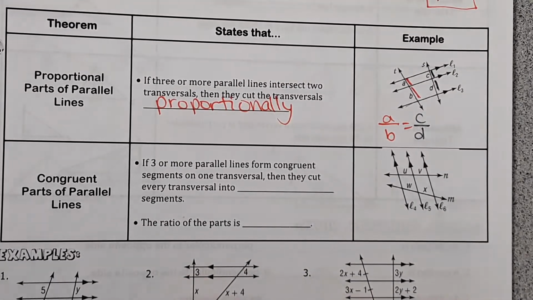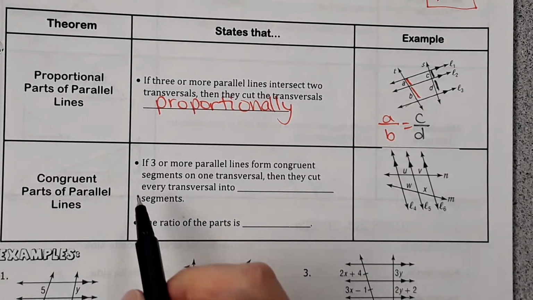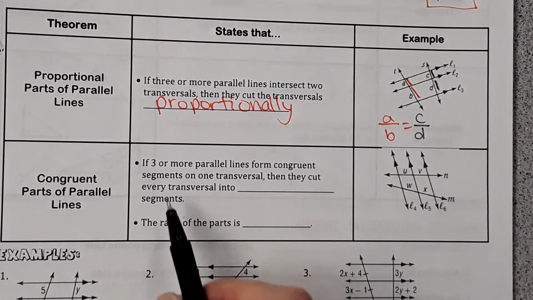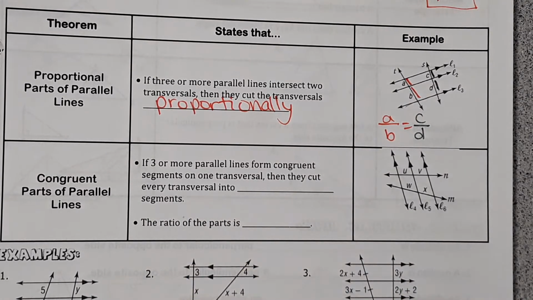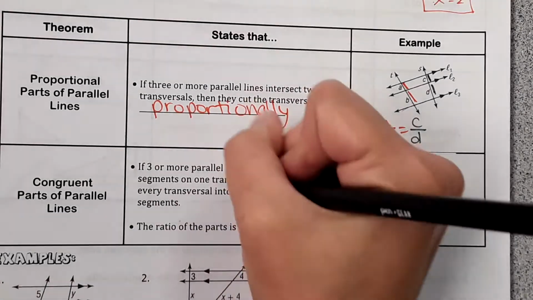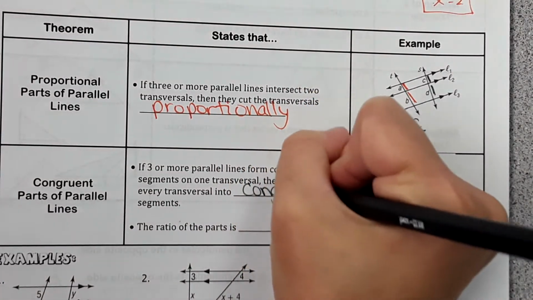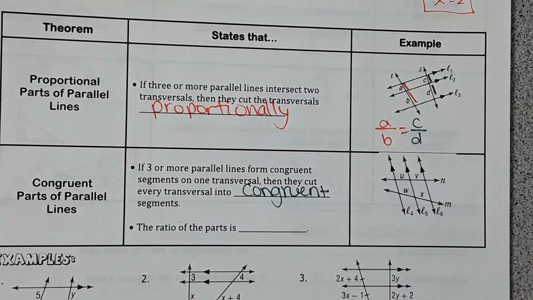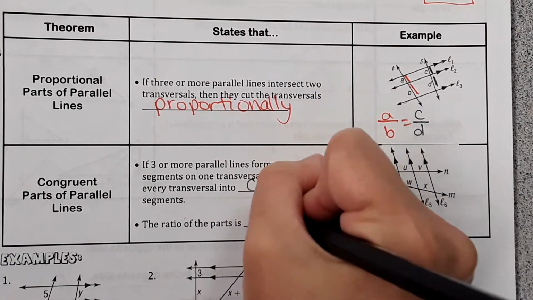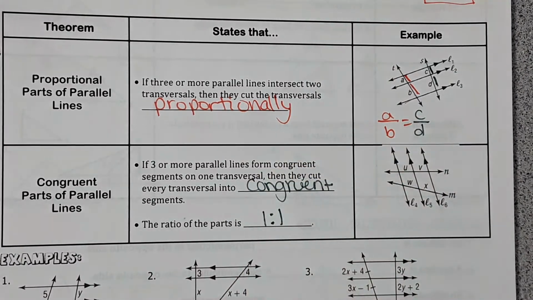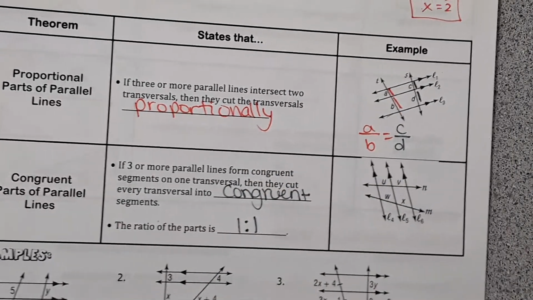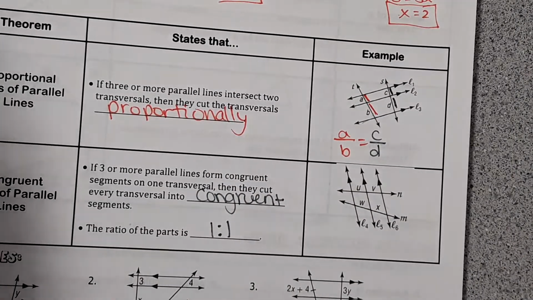And then congruent parts of parallel lines. If 3 or more parallel lines form congruent segments on one transversal, then they cut every transversal into congruent segments. And I'll show you what that means in a second. The ratio of the parts is 1 to 1. So what does that mean?